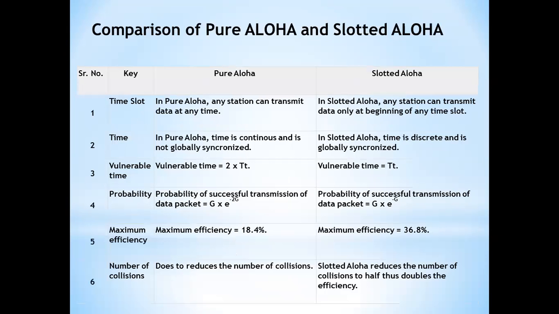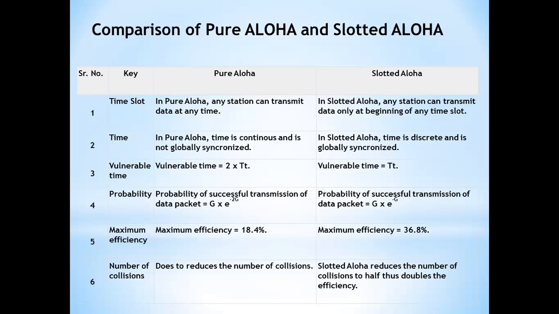Next is the comparison between pure Aloha and slotted Aloha. A mathematical model can be created for the relationship between the number of frames transmitted and the number of frames transmitted successfully. Let G represent the traffic measure, as the average number of frames generated per slot. Let S be the success rate, as the average number of frames sent successfully per slot.